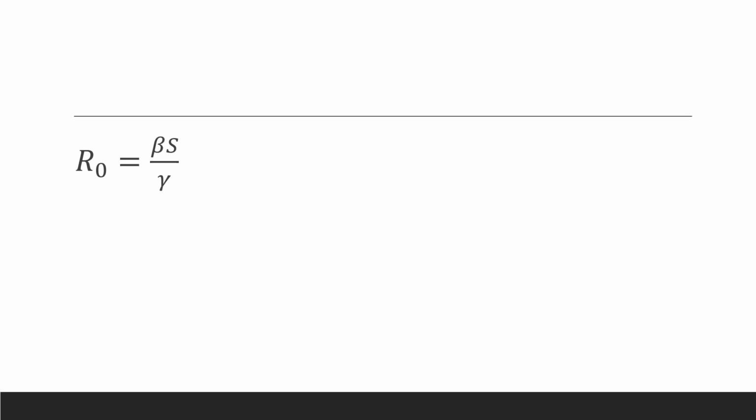Now we know how important R naught is in epidemiology. What we need to do is to keep it below 1 so that the outbreak of disease is stopped.